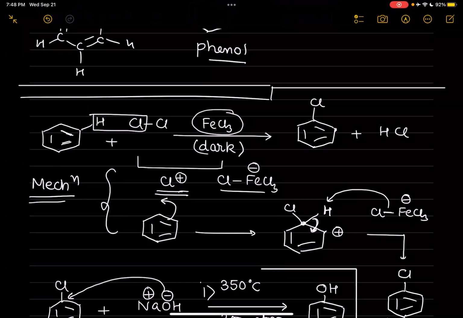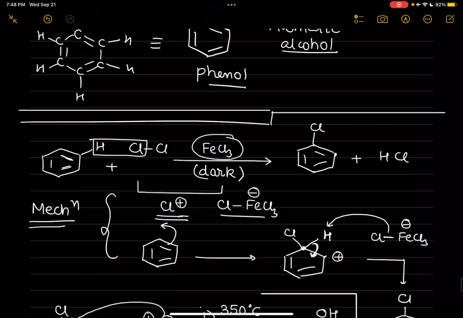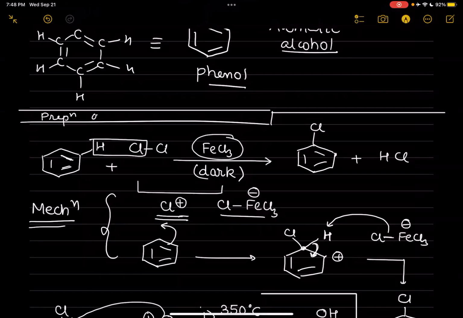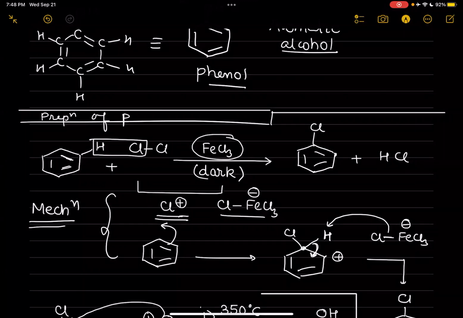Actually, we wanted to prepare phenol from benzene, but why did we initially prepare chlorobenzene? Can't we have phenol directly from benzene?